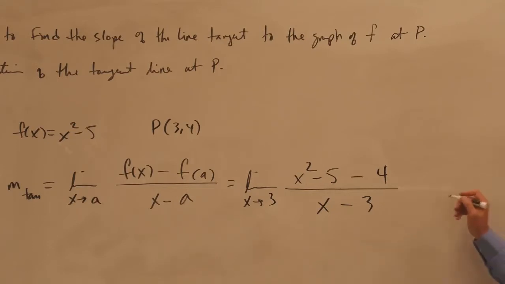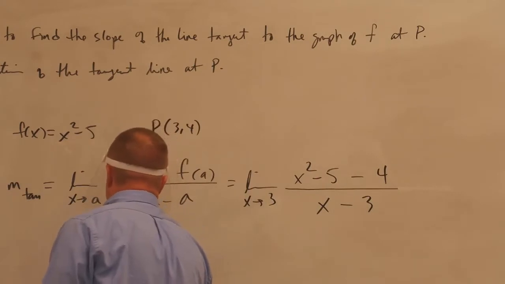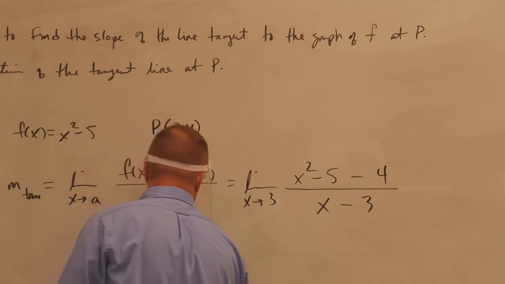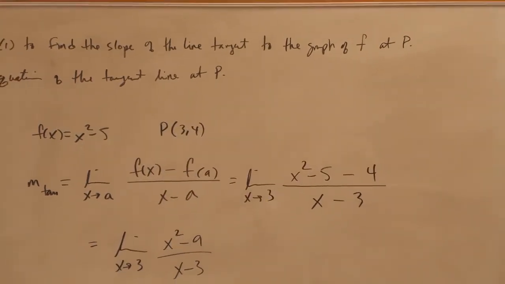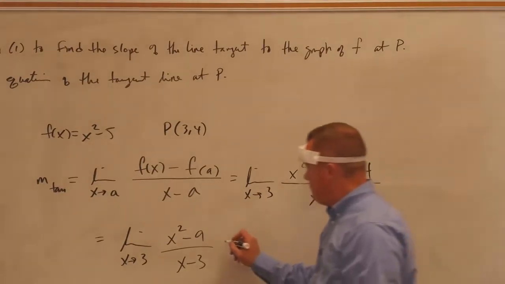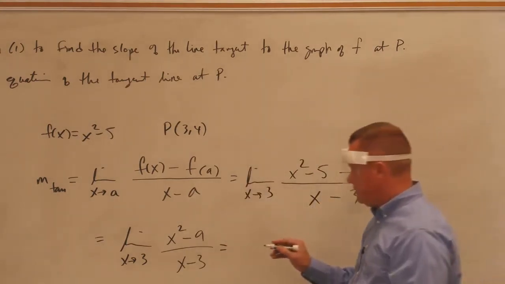All right, so I get the limit as x approaches 3 of x squared minus 9 over x minus 3. All right, if I plug 3 in, I get 0 over 0, which is indeterminate. What can I do to that to figure out that limit? All right. What do we do? Difference of squares. All right, so factor the top.